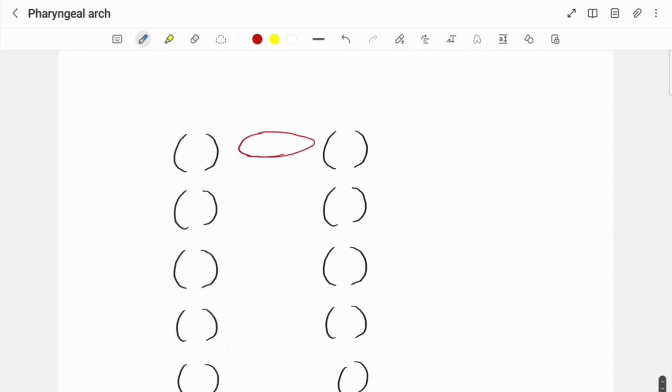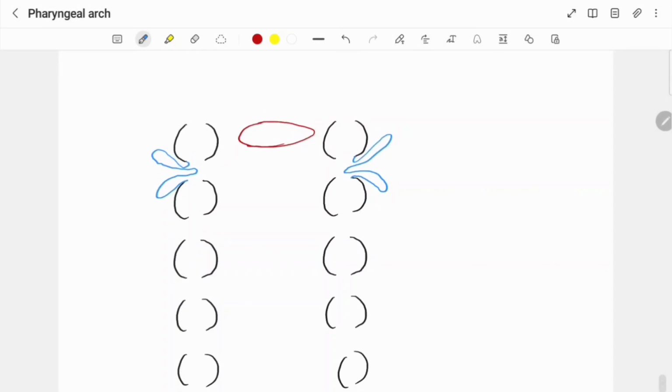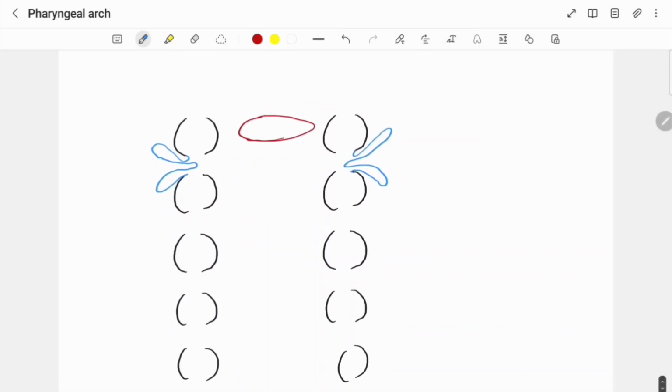Let's move forward. Again the same picture, we have our 5 pharyngeal arches and the stomodium in between. Now the pouch and cleft, the inner side pouch and outer side cleft, will invaginate, and due to that our structures will form. How do they invaginate? See, this is your cleft, so it invaginates in this fashion. Same here, it will invaginate like this. And your pouch is also going to invaginate in this fashion.